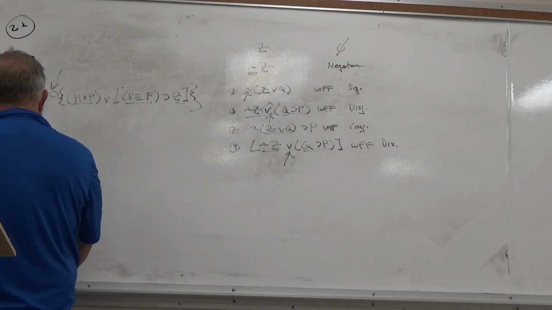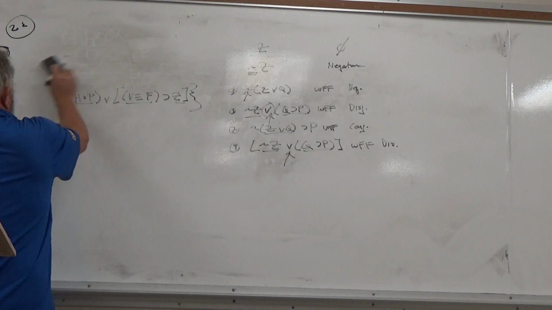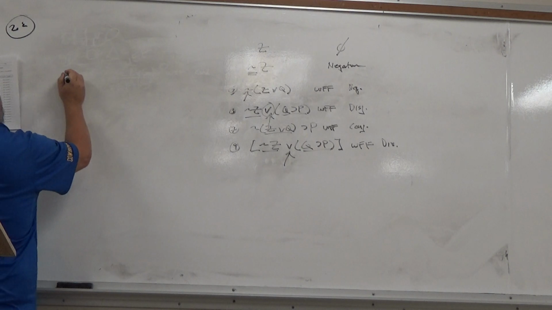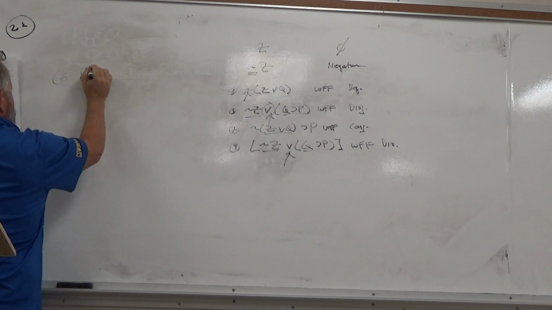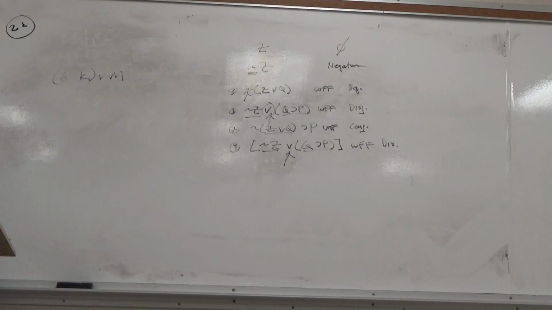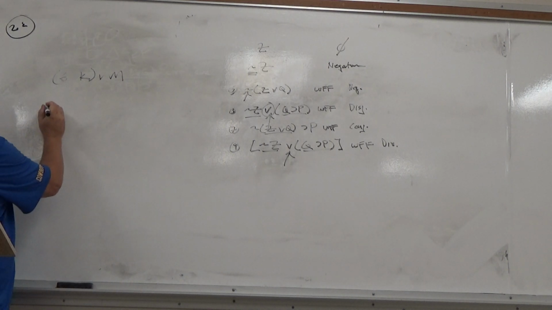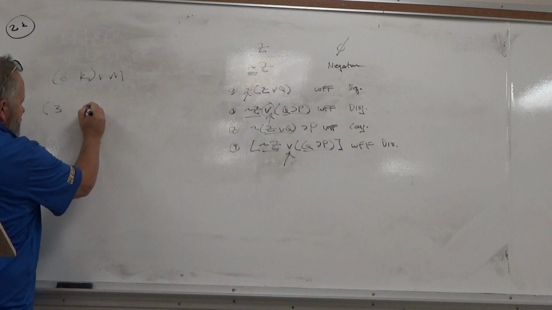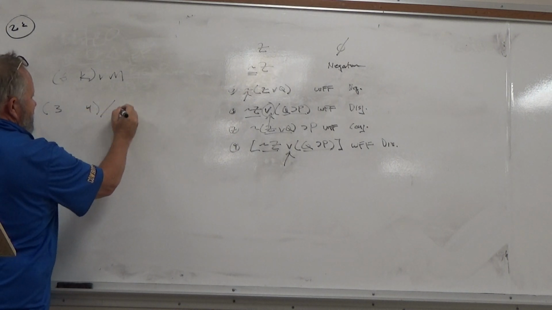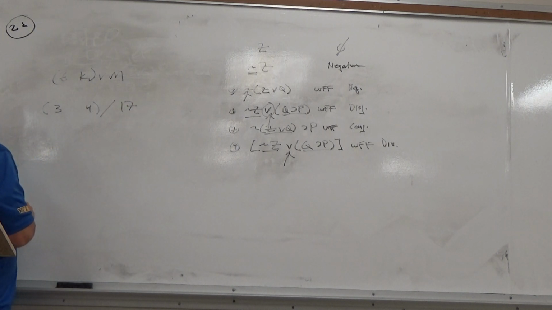Okay, 17. So 17, suppose we have G and we have K and or M, okay? Well, suppose that someone gave us a mathematical statement that said 3 blank 4 divide 17.